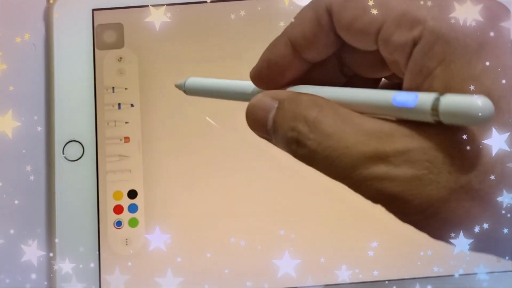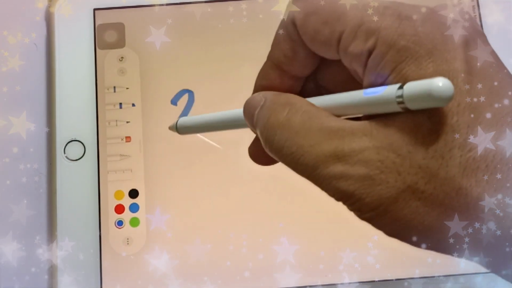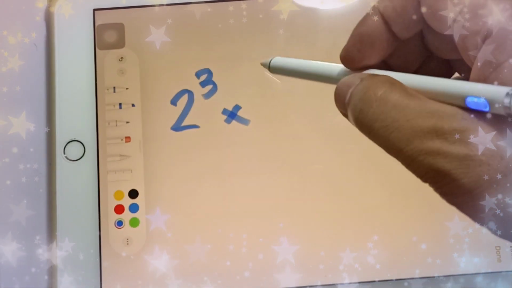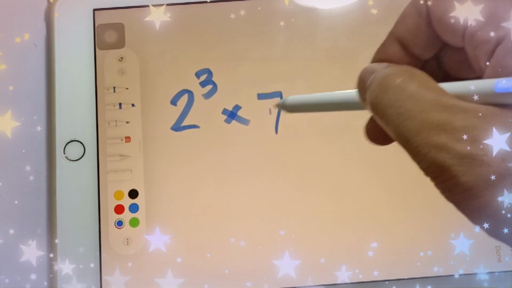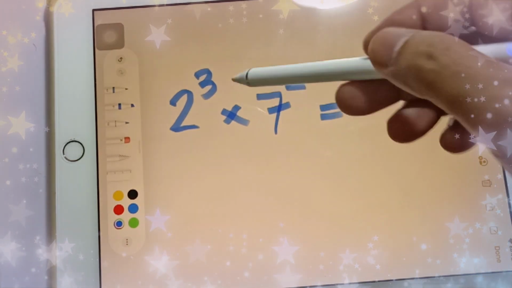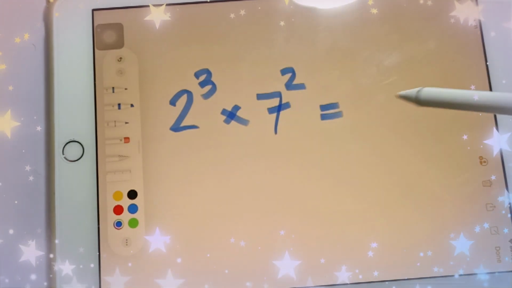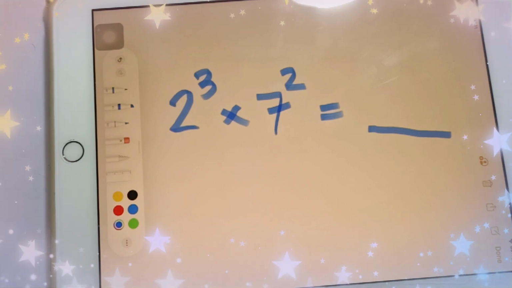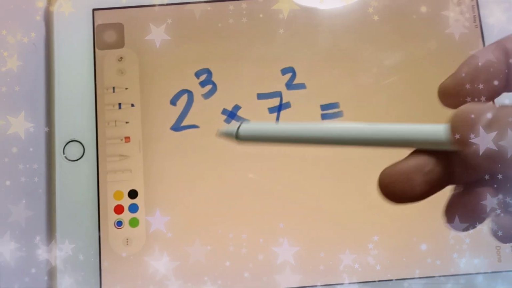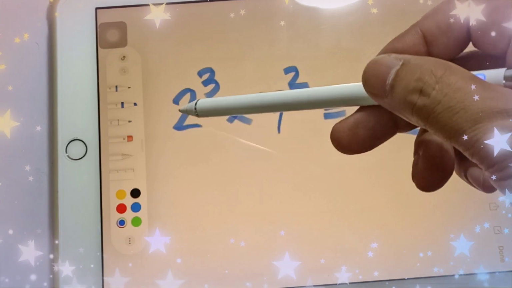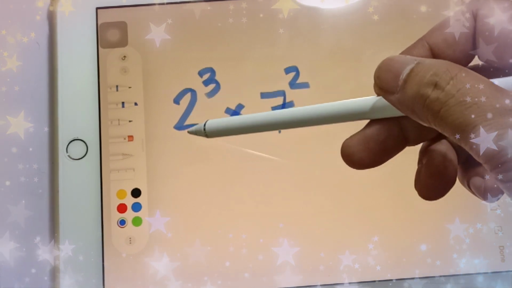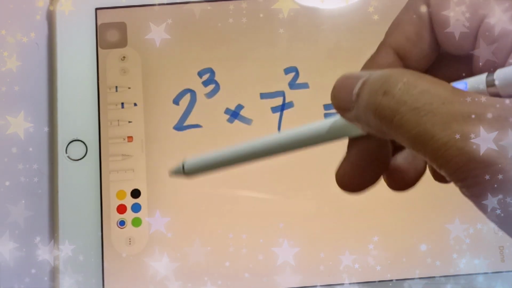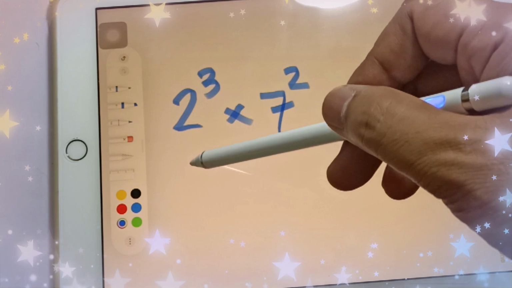What if you have 2 cubed times 7 squared? These are the prime factors of an unknown number. So what is that number? Let's start here: 2 times 2 times 2. You're going to multiply 2 by itself 3 times, and that is 2 times 2 is 4, times 2 is 8.